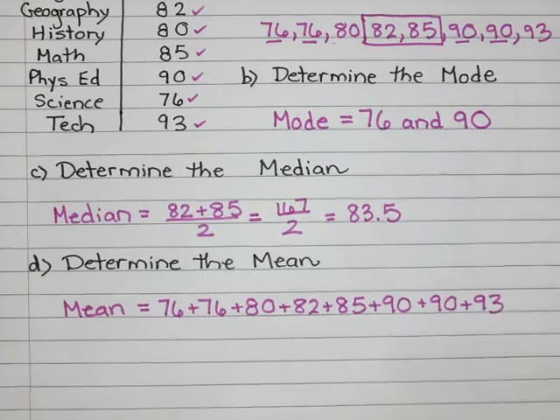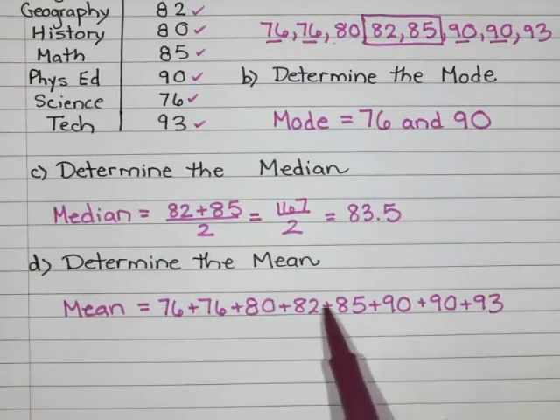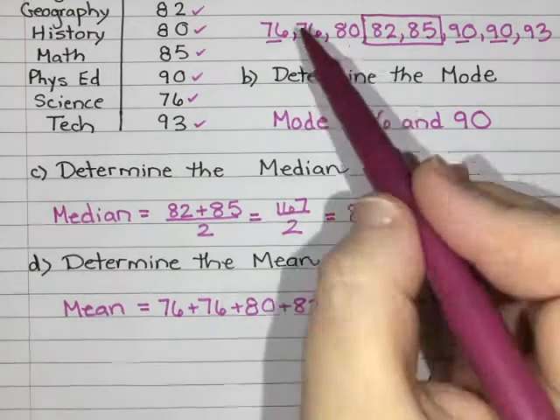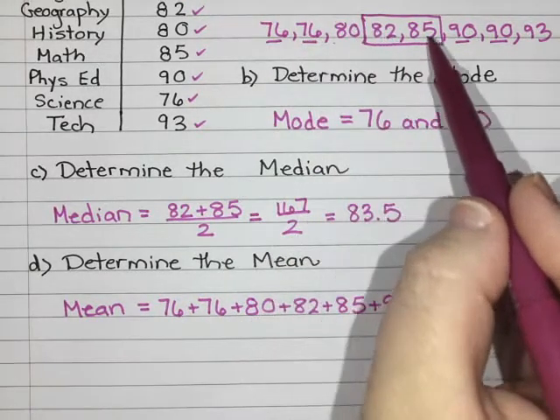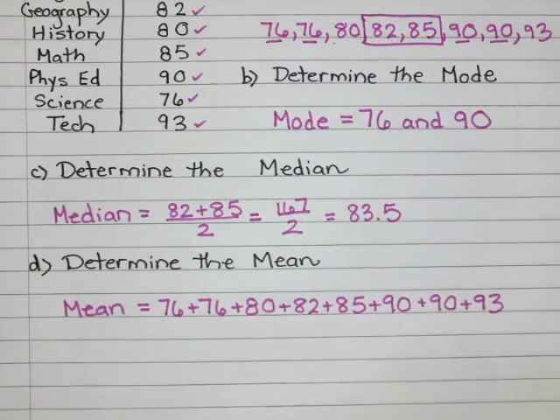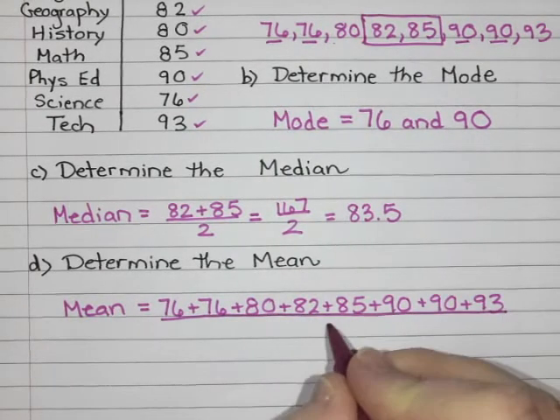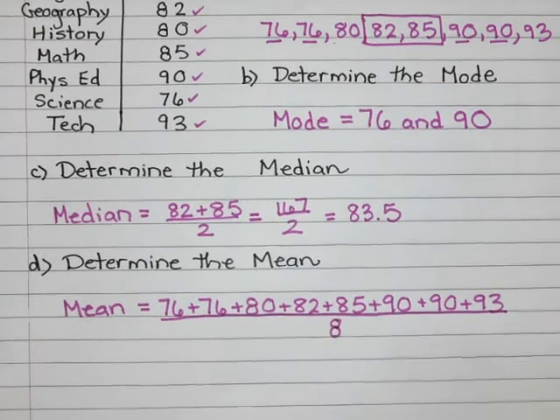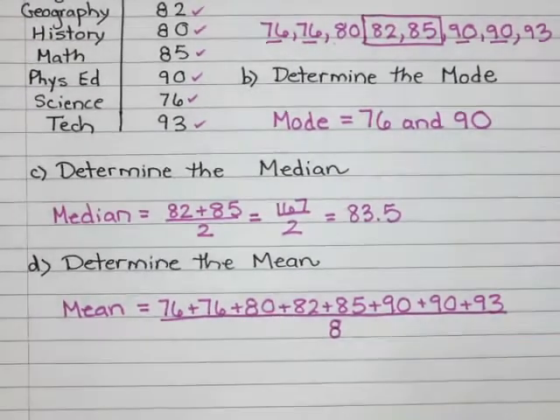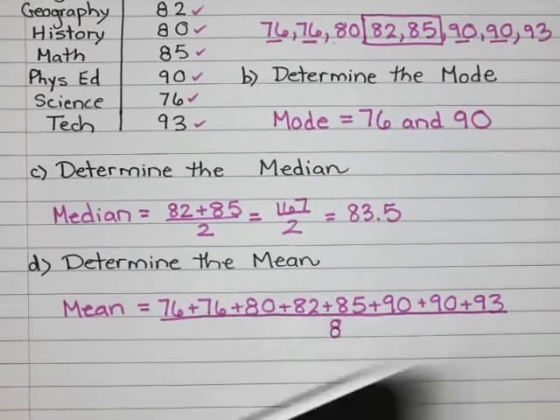And I do always like to count. I've got 1, 2, 3, 4, 5, 6, 7, 8. There were originally 1, 2, 3, 4, 5, 6, 7, 8, so I feel good about that. And it also now tells me that we are dividing by 8. So not only do I check when I count, I also can figure out how many numbers there are.